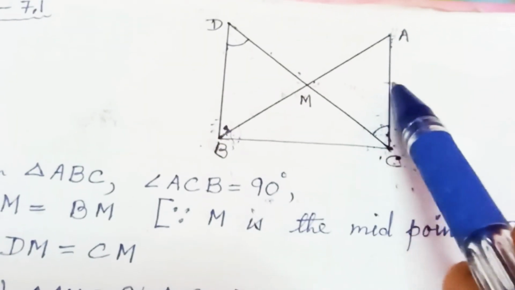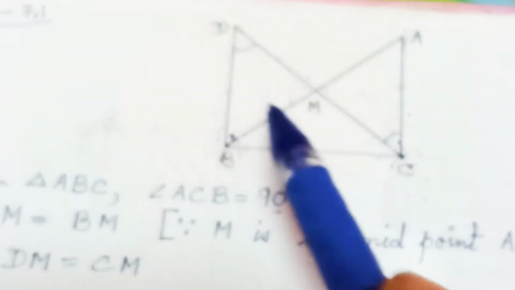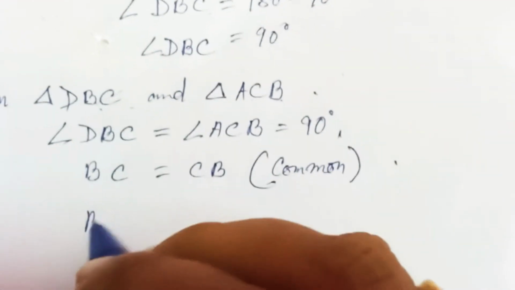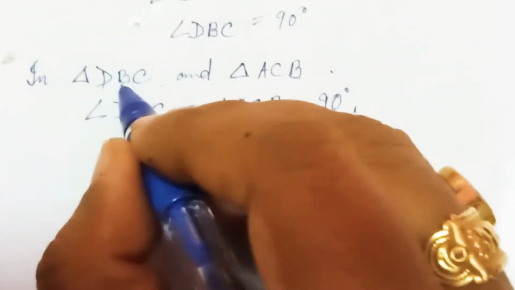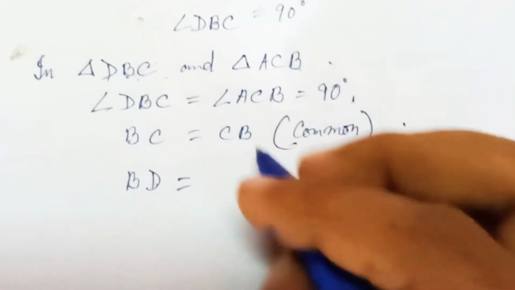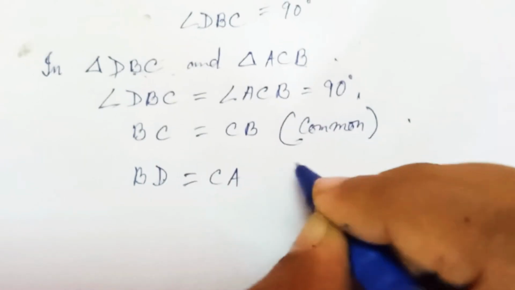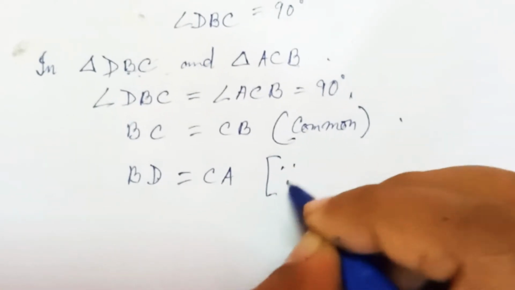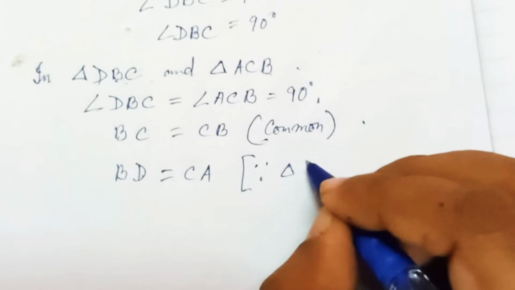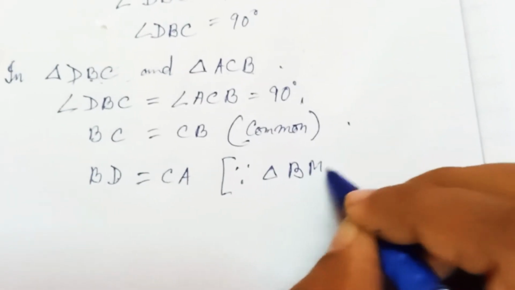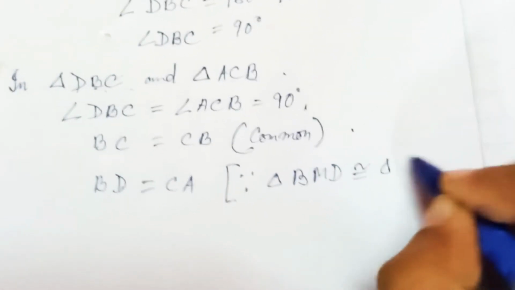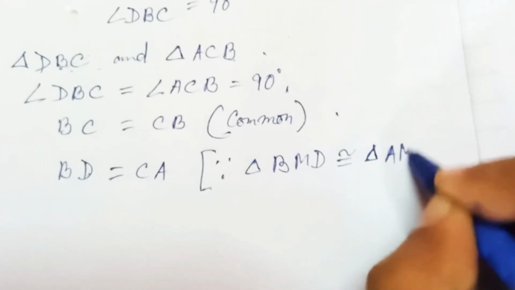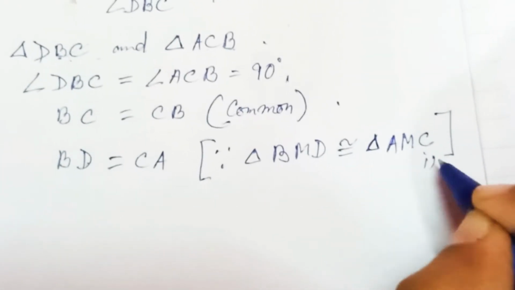So this third side will also be equal from CPCT. So we mention that BD equals CA, since triangle BMD is congruent to triangle AMC from the first part.